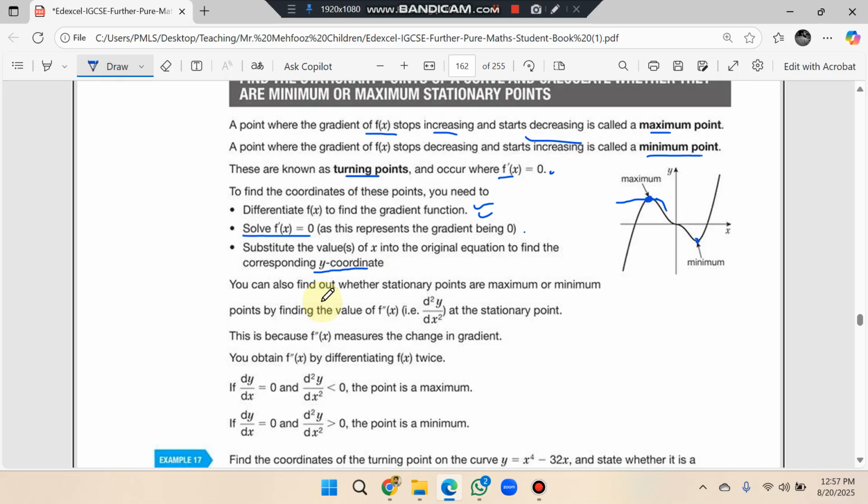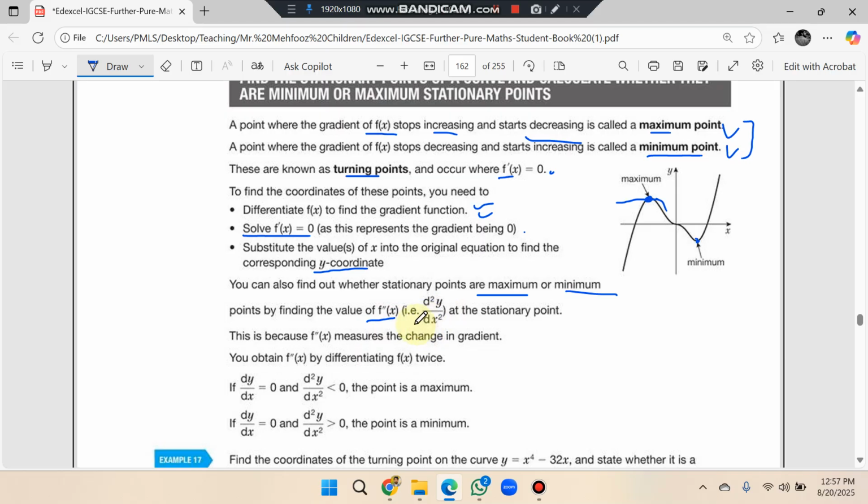You can also find out whether stationary points are maximum or minimum. Maximum or minimum points are collectively called the stationary points. The other method is that we can find the maximum or minimum points by finding the value of f double prime of x, or d squared y by dx squared.